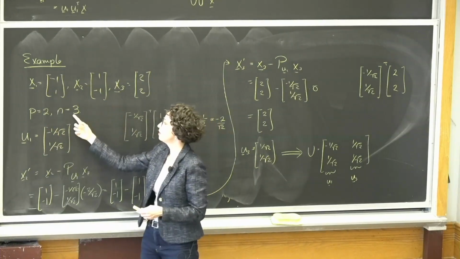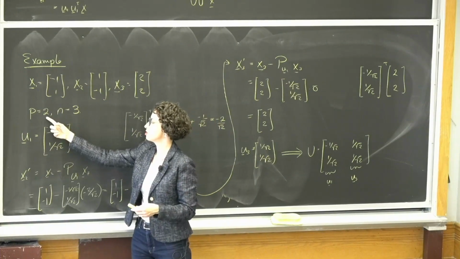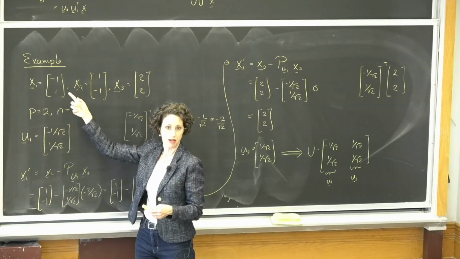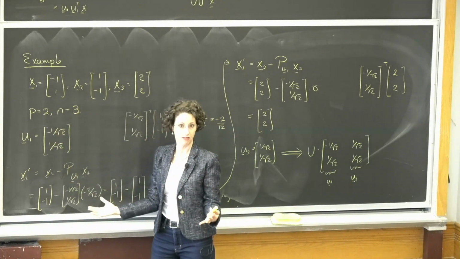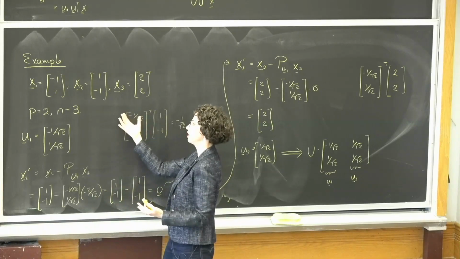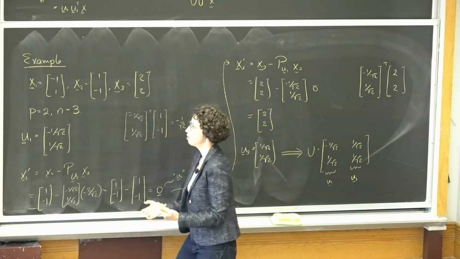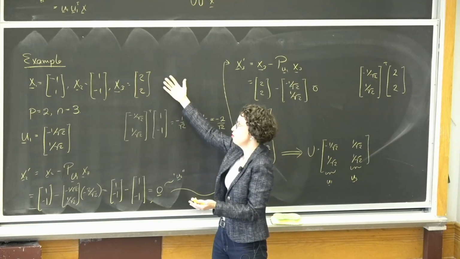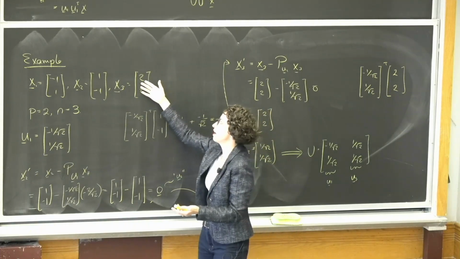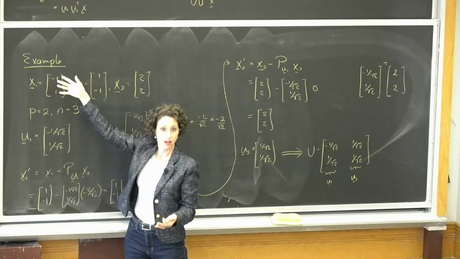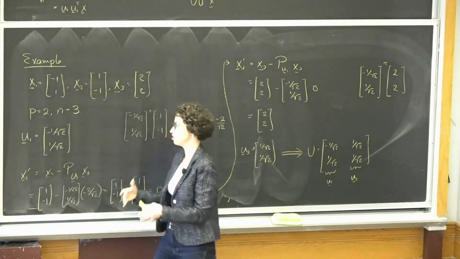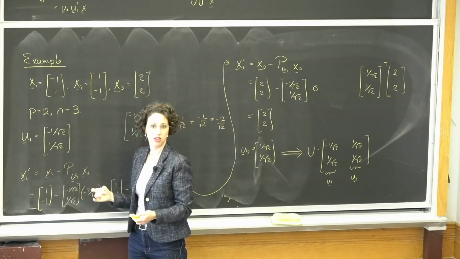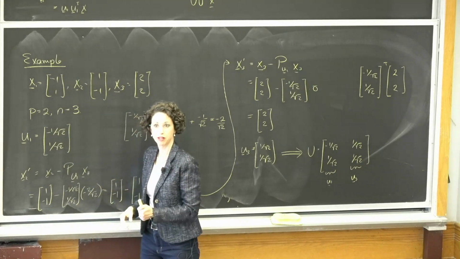So the fact that I'm giving you 3 points in a two-dimensional space immediately is a sign that there's going to be linear dependence. There's just no way you can't have it, because we can only have 2 linearly independent vectors here. So before we did any calculations at all, you would know that there's no way we're going to have 3 basis vectors even though we've got 3 points. So this is just generally true whenever you've got p, your dimension, being less than n, the number of points. Yeah, great point.